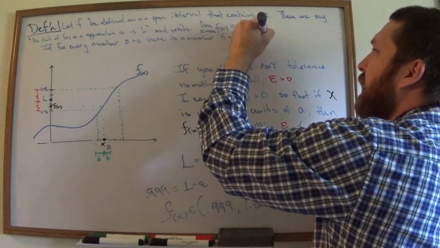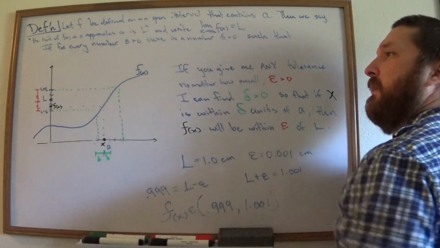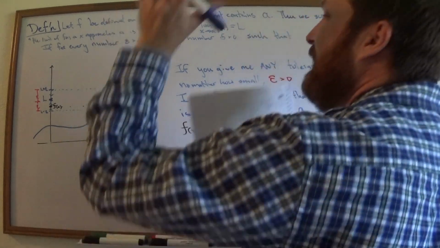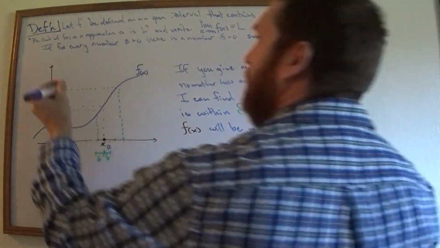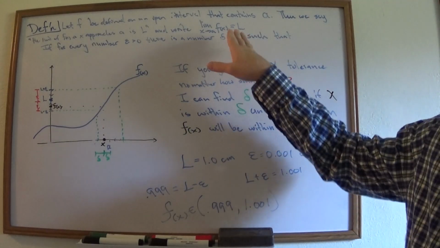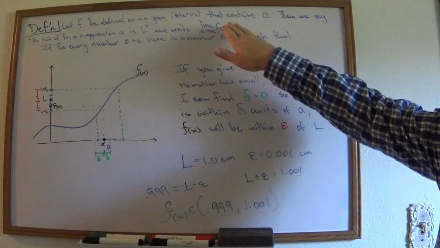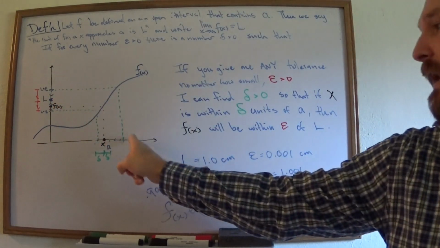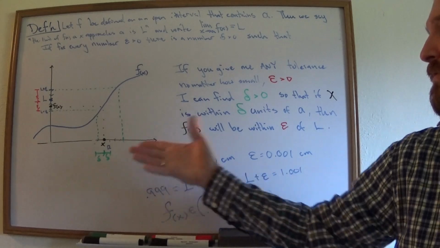such that, and here we go, such that if something then something. So all of this, right, we say that this limit exists. In other words, we say that this limit exists if you give me any tolerance, and I can find one of these, so that what?